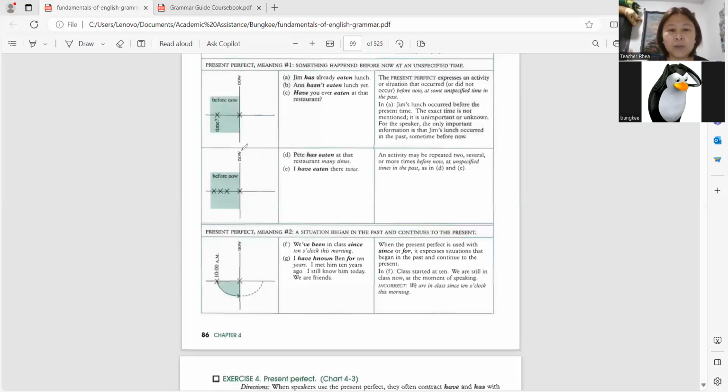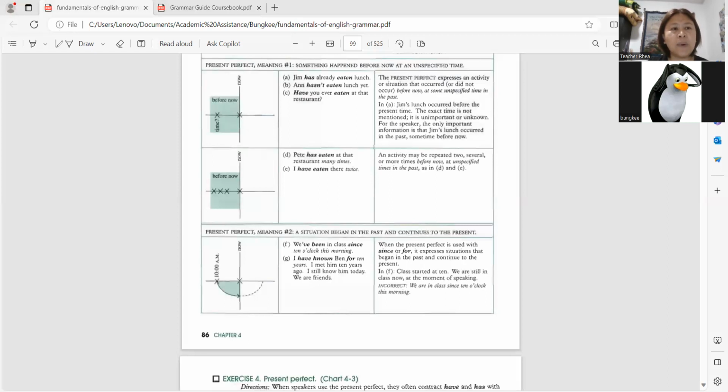Present perfect also is used with since or for. So we have known each other for 10 years, right? We use since and for with present perfect.